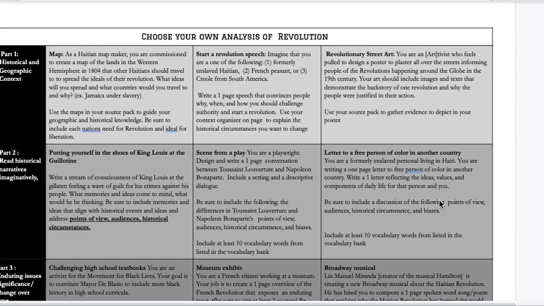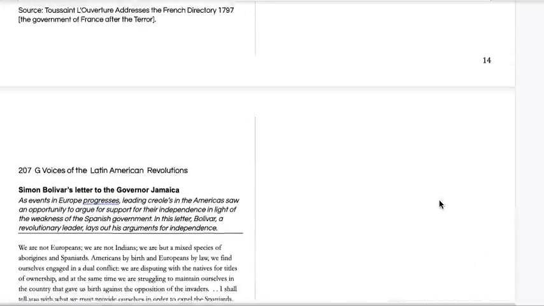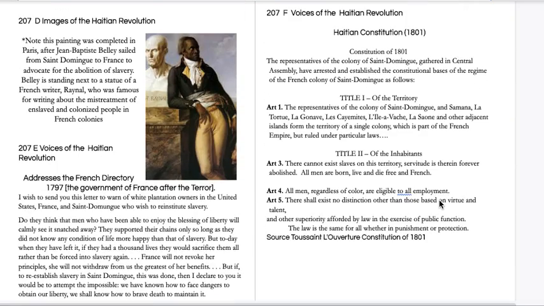And then finally, you have the option of writing a letter to a free person of color in another country. So you are imagining yourself to be enslaved, and you are writing to a free person of color to communicate why you want your liberation, or why you are the same, and why they need to fight for you and join your cause. Now, the text that you can use for this, I would recommend being like the Haitian Constitution.